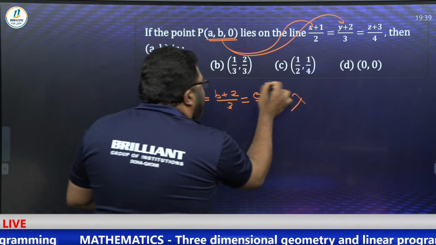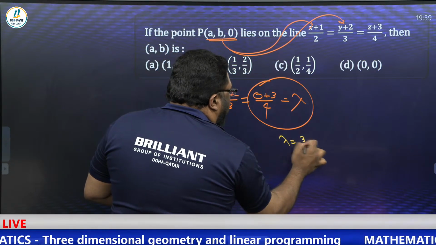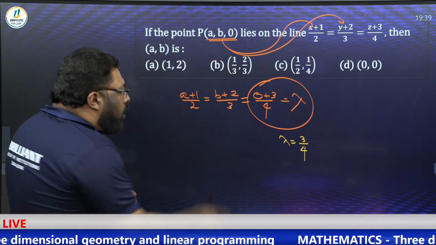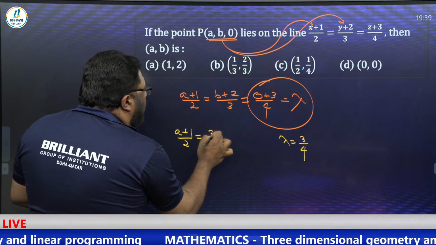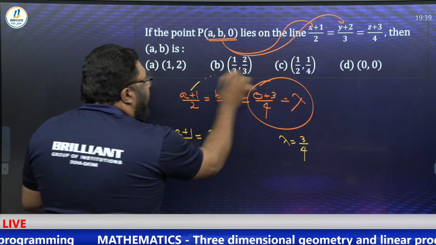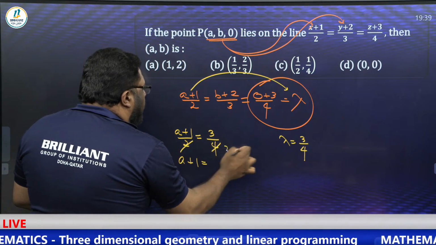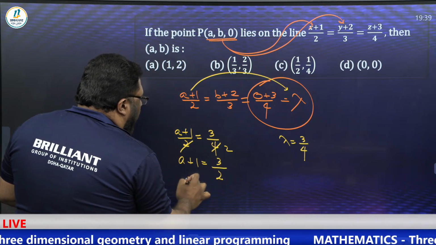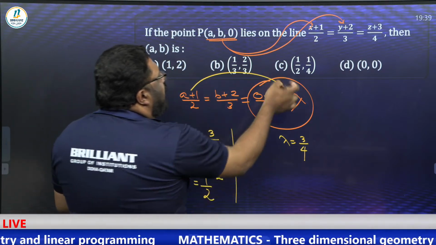So from the last part, I got lambda, my dears. Lambda is equal to 3 by 4. And use that to get the other two. So (A plus 1)/2 equal to 3 by 4. So A plus 1 is equal to 3 by 2. So A is equal to 1 by 2.